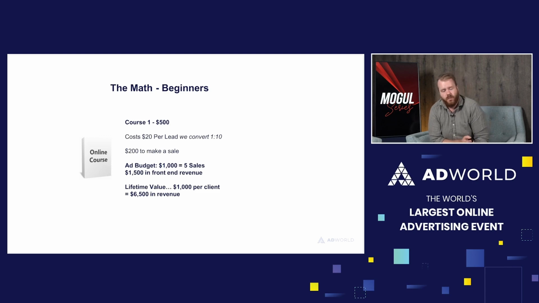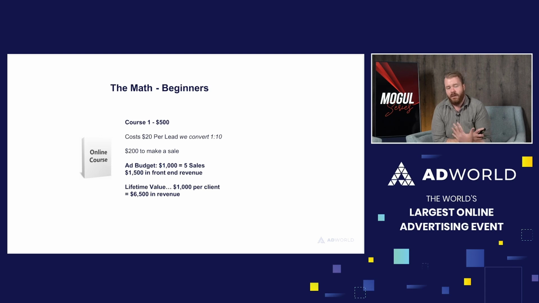So now, let's take into account our beautiful nomenclature we mentioned earlier, lifetime value. Let's say that the lifetime value, or even it might be the 1 month value for you, or the 2 month, or the 6 month, but I'm just using lifetime value here as an example, is $1,000 per client.